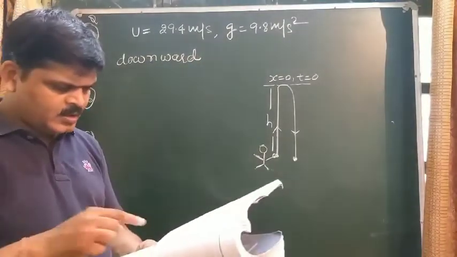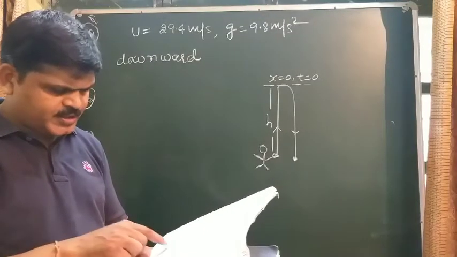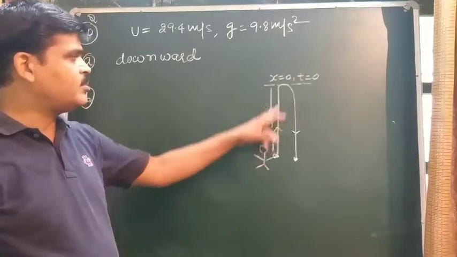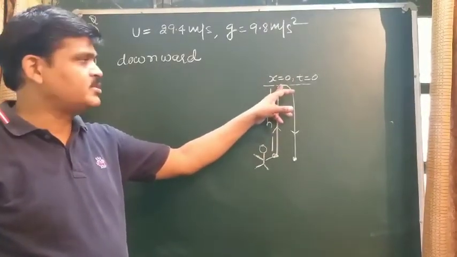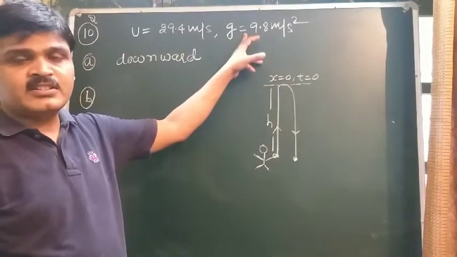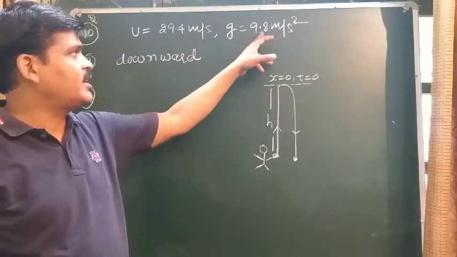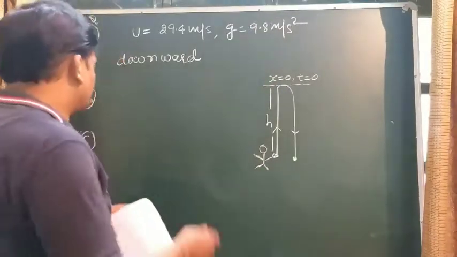Second, what are the velocity and acceleration of the ball at the highest point of its motion? When the ball reaches the highest point, its final velocity is 0 and the acceleration is the acceleration due to gravity, 9.8 meters per second squared, acting vertically downward.